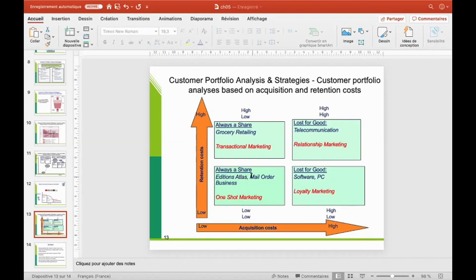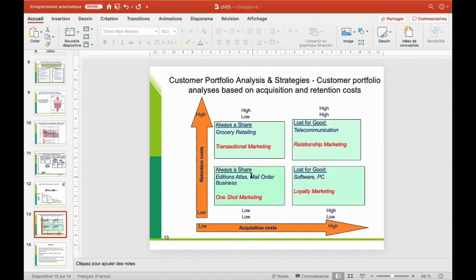There are some transactions that are even profitable if you do them in one shot. For example, you have some kinds of magazines that you can buy in bookstores. The first edition generally has a low price, and you get a small gift. Generally customers buy only 1, 2, or 3 editions, and this means that they are also profitable even in the short term, because it's very easy in these markets to win customers.